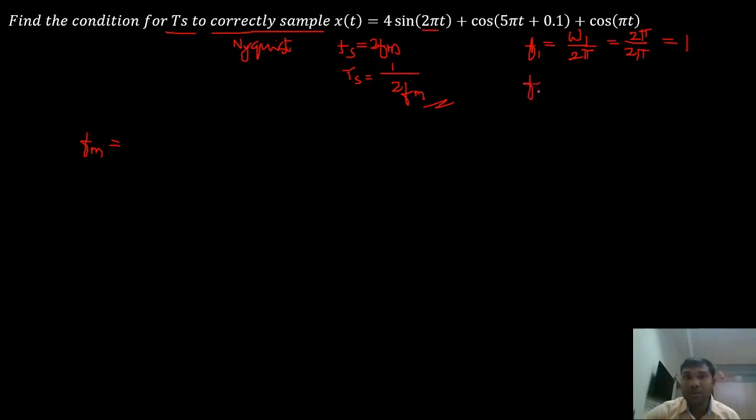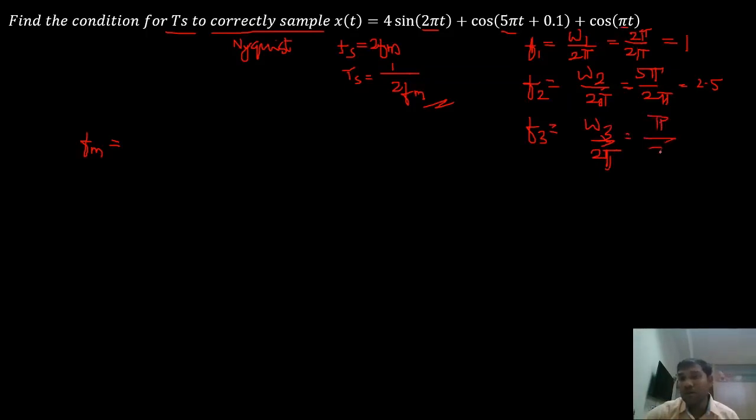The second frequency component F2 is omega 2 by 2 pi. Omega 2 is nothing but 5 pi, right? 5 pi by 2 pi is 5 by 2, that is 2.5. And then the third frequency component is omega 3 by 2 pi. Omega 3 is pi.